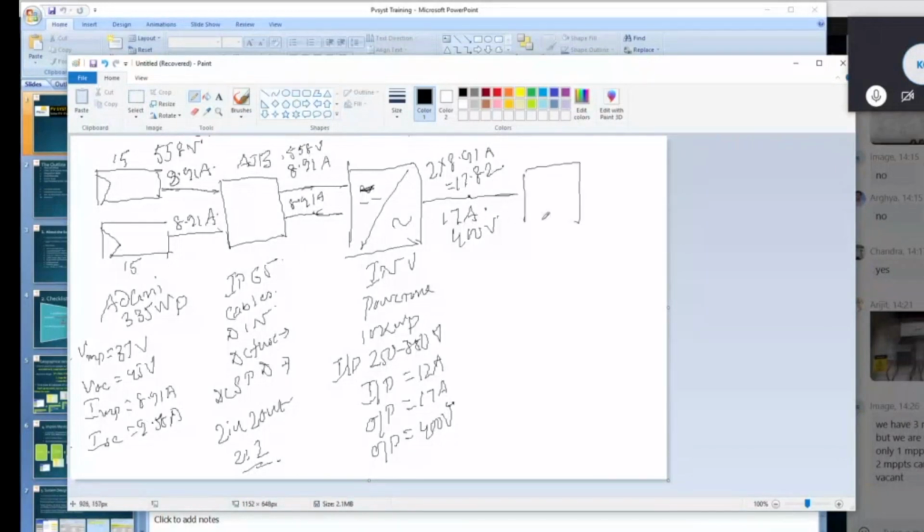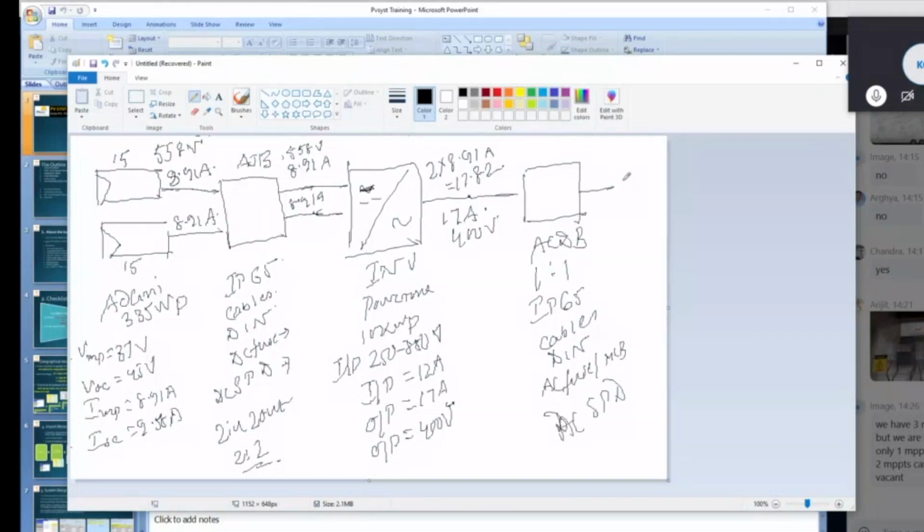After that we will be having an ACDB. ACDB will be 1:1, 1 input and 1 output. As we already discussed, we will be having IP65, cables, DIN rails, AC fuse or MCB, and AC SPD.